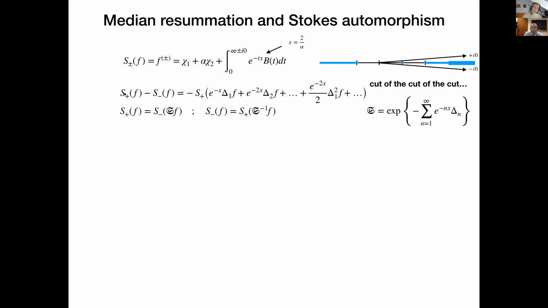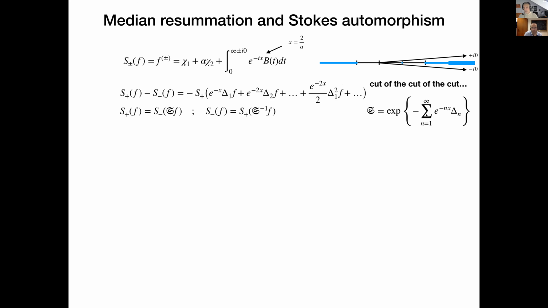So the claim is that if you calculate this integral a bit below and above and take the difference, then the difference can be expressed in terms of these alien derivatives. The first few terms are just the jump of the logarithmic cuts when you have just one delta. But if you have more deltas, this is exactly the contribution of the cut of the cut.